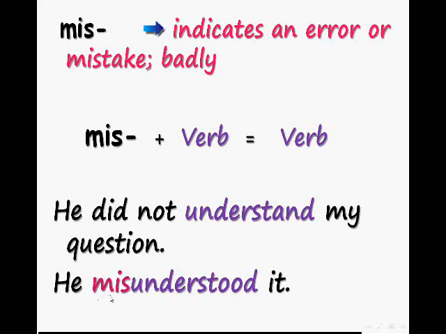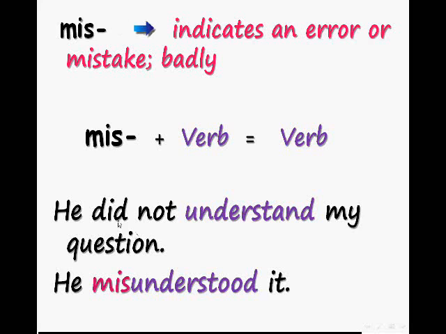Okay? And why did I put understood in the past? Because I have did in the first sentence, which of course indicates the past simple tense. So did not understand. Then when I rewrite it again, I will say just misunderstood. And of course, it here refers to the question. I can just say he misunderstood my question.